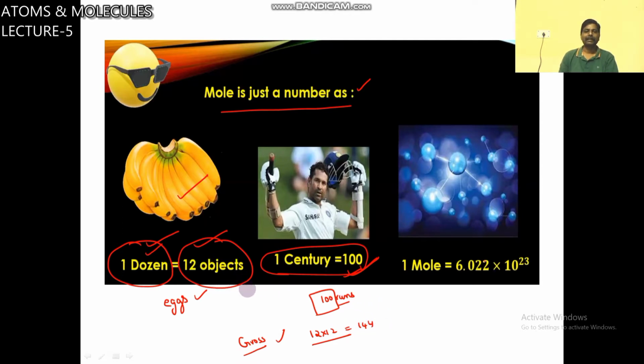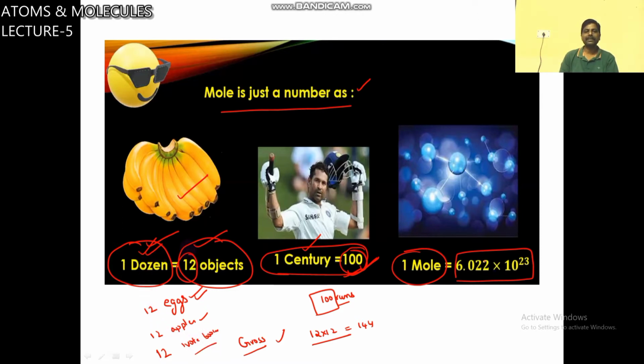Like that, for this number, we are using 1 mole. For this number, you use century; for this number, you use dozen. 1 dozen apples means 12 apples. 1 dozen eggs means 12 eggs. 1 dozen notebooks means 12 notebooks.